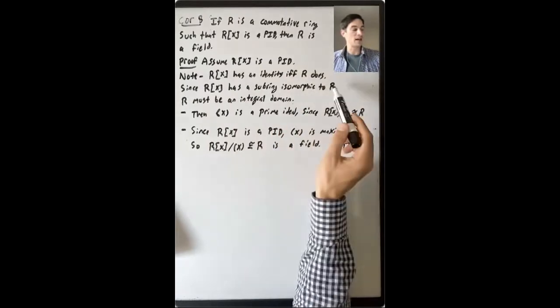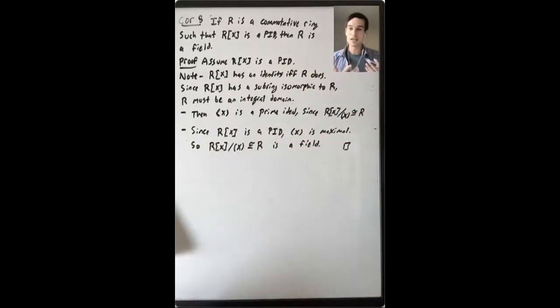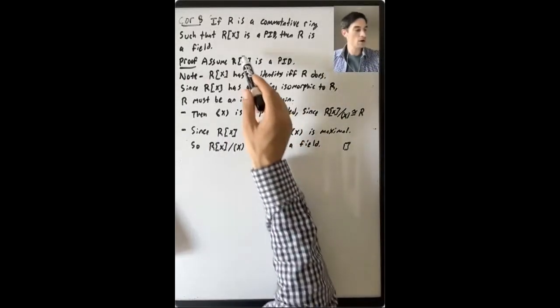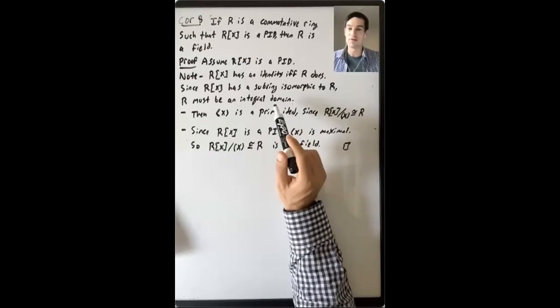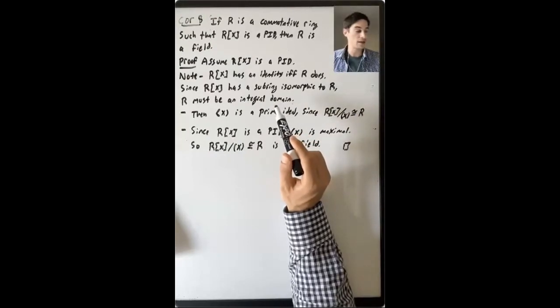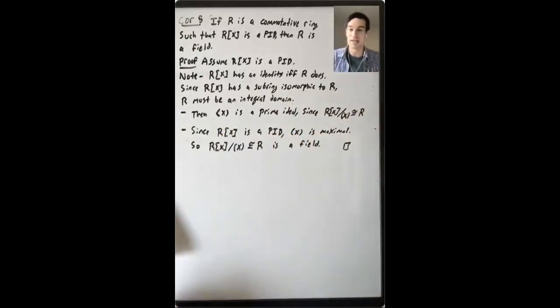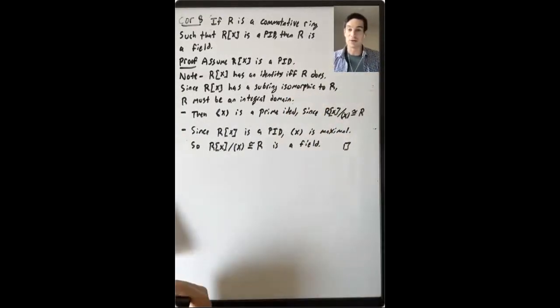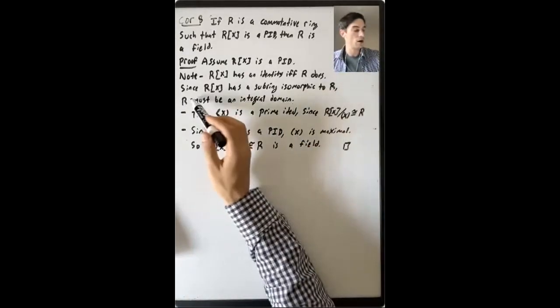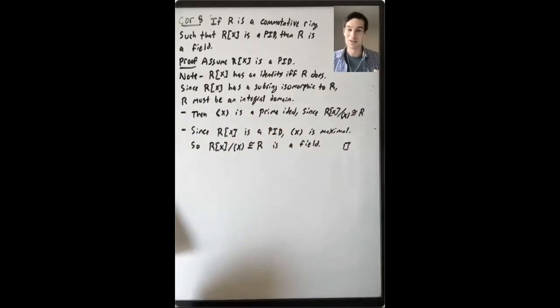R[x] contains a subring isomorphic to R, given as the polynomials of degree 0. So R[x] is a PID. That means R must be an integral domain. There's no way for R to have any zero divisors, because then R[x] would contain these zero divisors as well. And a PID is an integral domain, so you can't have any zero divisors. So okay, R has to be an integral domain.